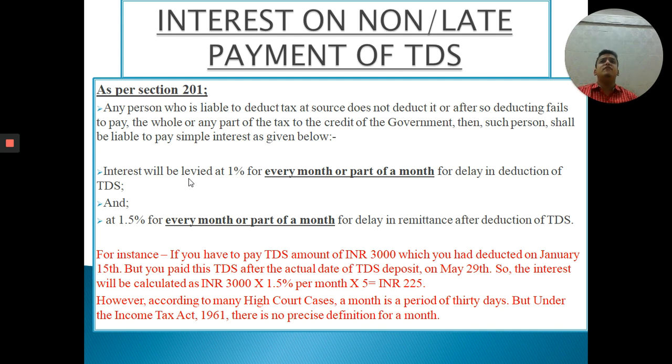That is, interest will be leviable at the rate of 1% for every month or part of the month. My dear friends, part of the month means even a day is counted as a month.